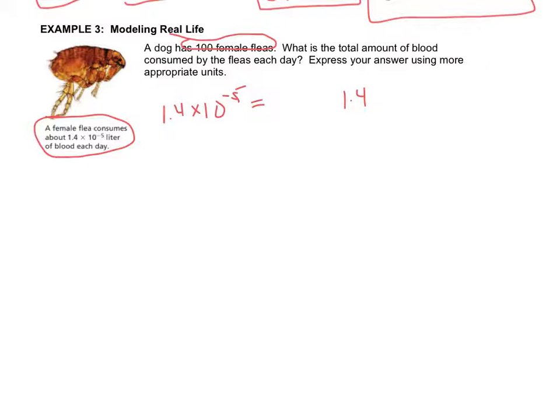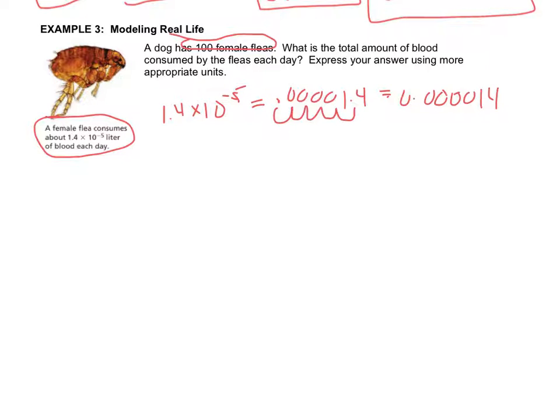The negative exponent tells me to go backwards or left 5 places and fill in my zeros. So now my new number is 0.000014.